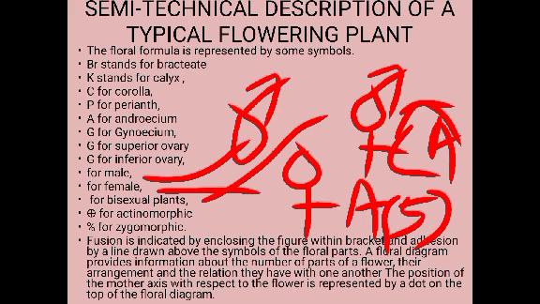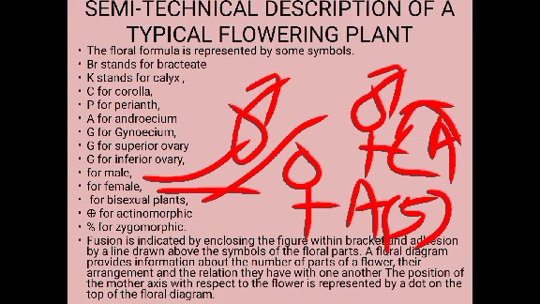Then the calyx, corolla, androecium and gynoecium can be drawn in successive whorls in the floral diagram. Calyx will be in the outermost whorl, then the corolla, next androecium, and then gynoecium. So gynoecium will be in the center.